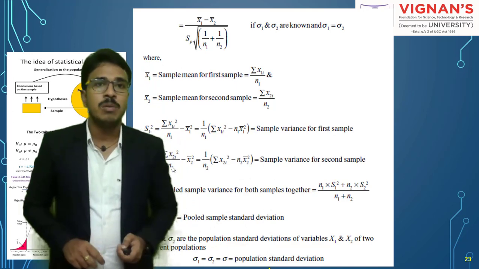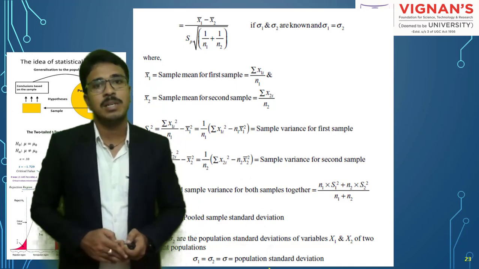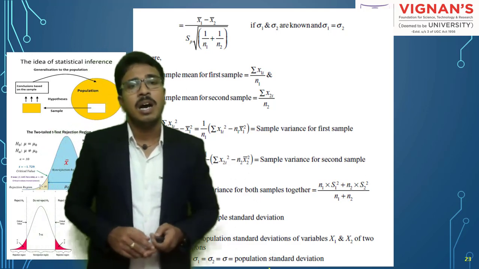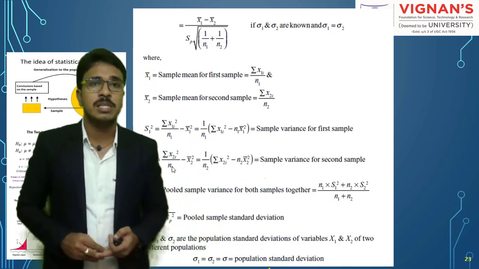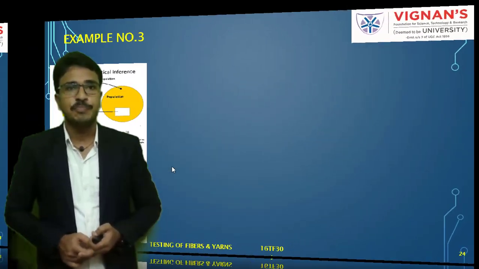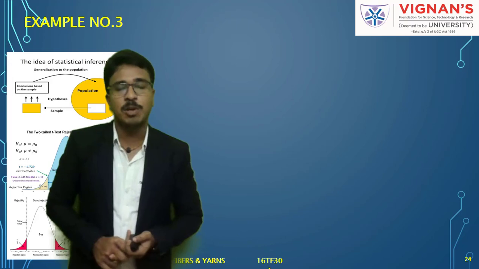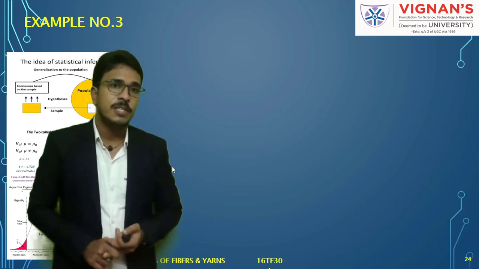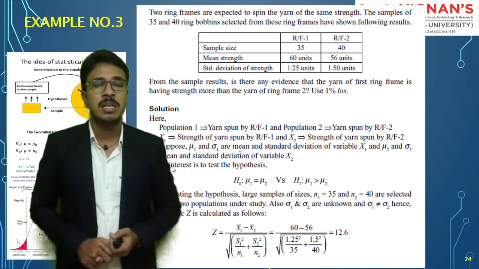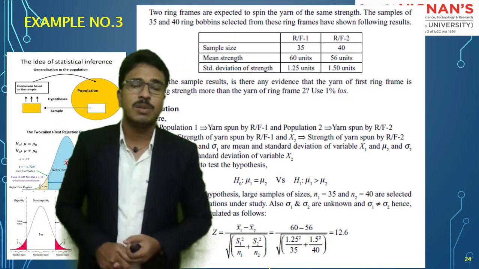Now we will see one example in this category, where you can easily understand how to test the hypothesis where two populations are there. This is the third problem we are seeing with respect to the Z test. Let me read out the problem.